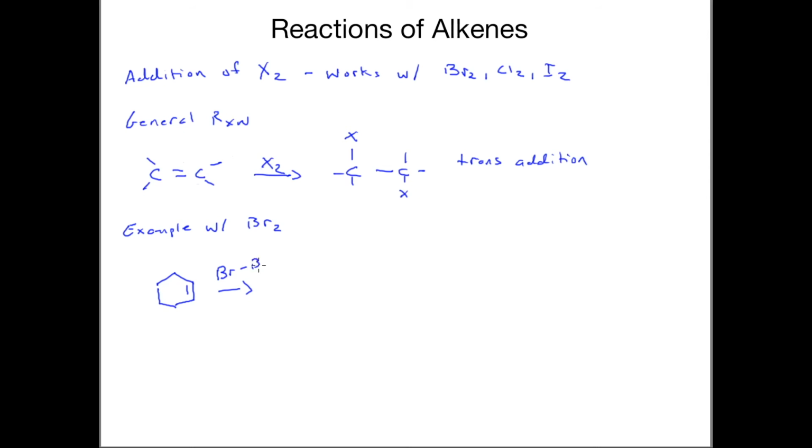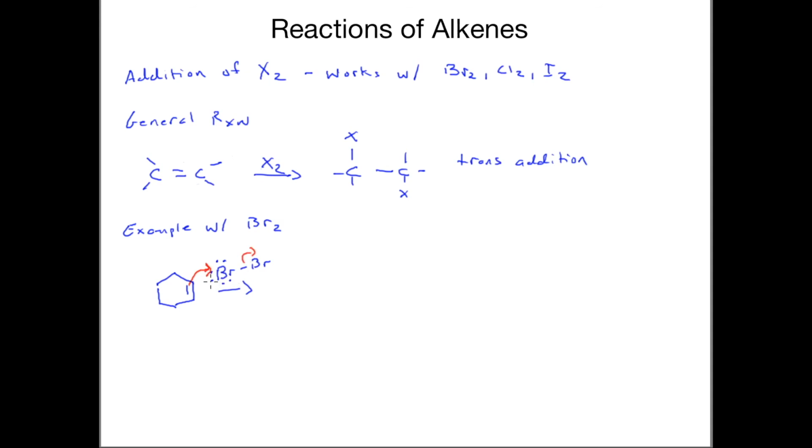So here we're going to use Br2, and if you draw Br2 out, it looks like this, and I'm just going to put lone pairs on one bromine, because that's all we need here for this reaction. The double bond is going to attack one of the bromines, which of course makes the other bromine kick out.